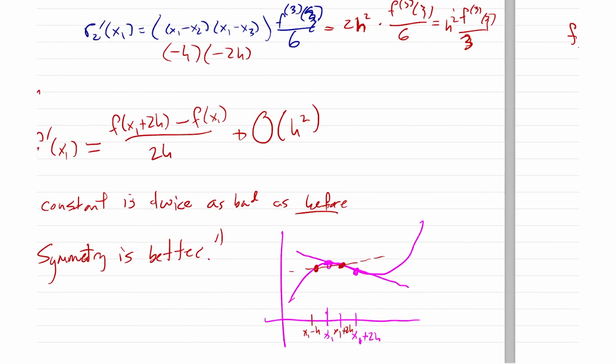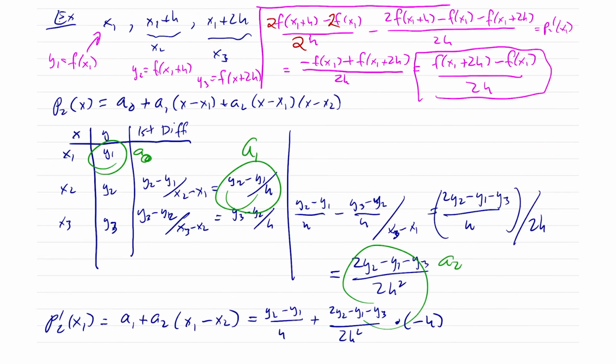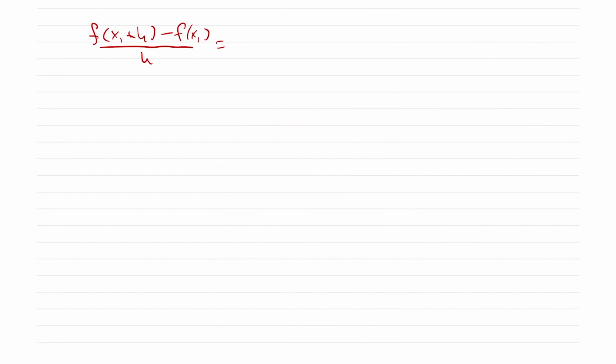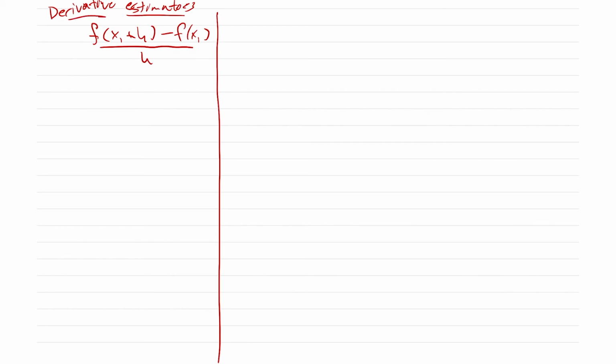So the first one we had was f of x1 plus h minus f of x1 divided by h, and this was our first estimate. So these are derivative estimators.